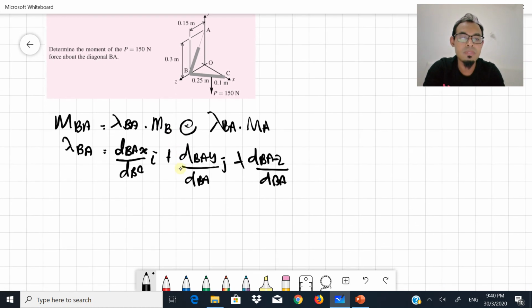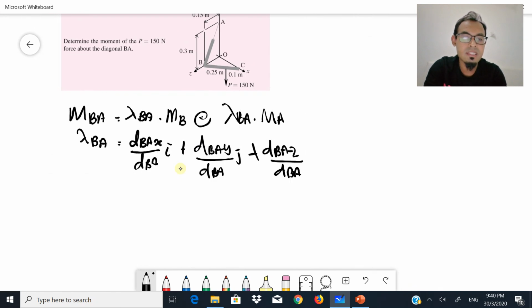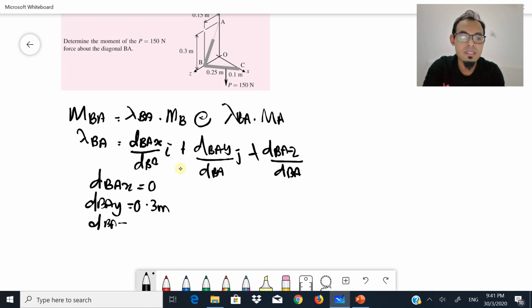So what is our d_BAx? d_BAx from B to A is 0, isn't it? d_BAy equals 0.3 meter and d_BAz equals negative, because the direction is from B to A, 0.15 meter.